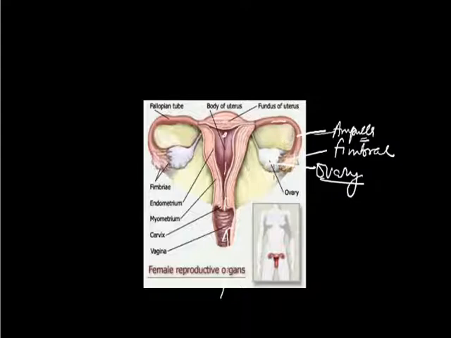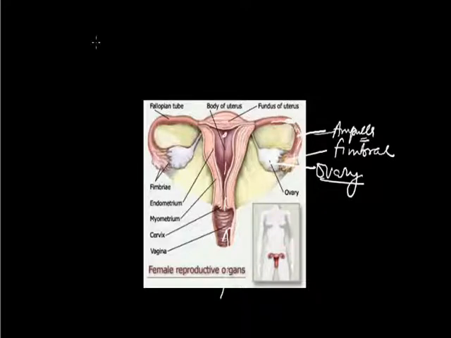When the egg is released from the ovary, it is released first into the coelom. Remaining there for some time, it is caught by the fimbriae. Then the egg also travels towards the uterus, and it is somewhere here that fertilization takes place in the ampullary region of the oviduct. That means fusion of gametes, sperm as well as egg, takes place in the ampullary region of the fallopian tube.